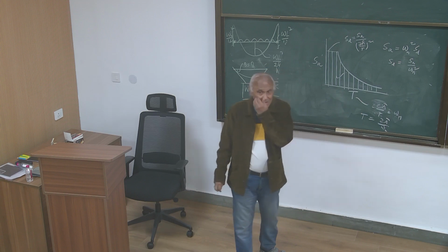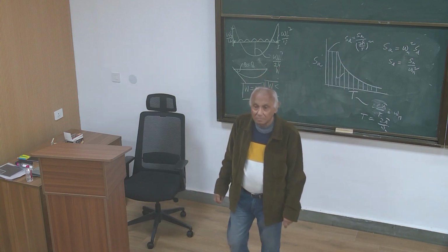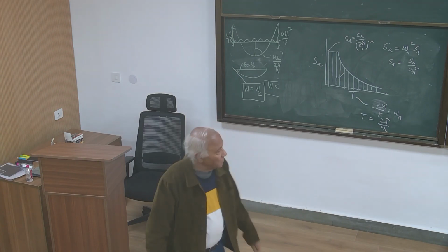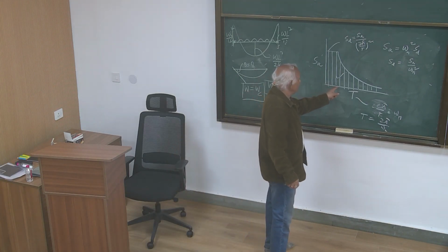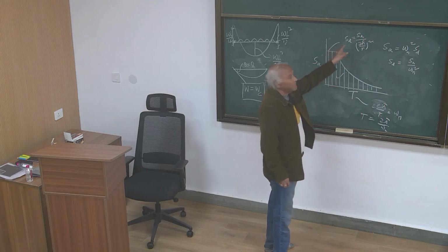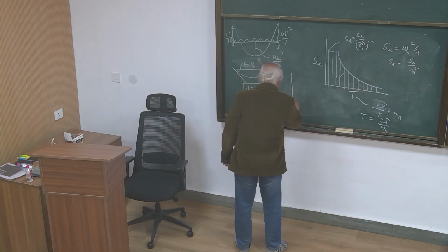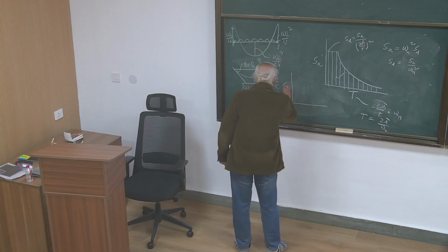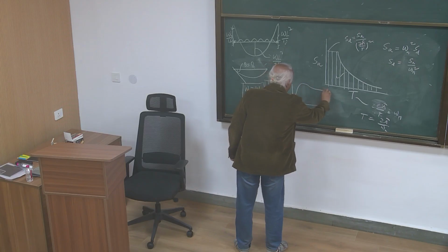It's all right. 2 pi by T is omega n. So for different values of T, you can get SD. So you can have a plot of SD versus T, something like this.